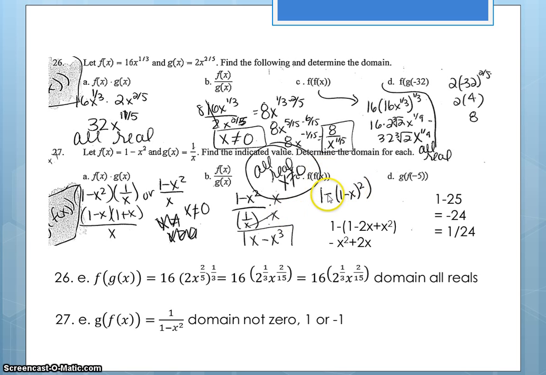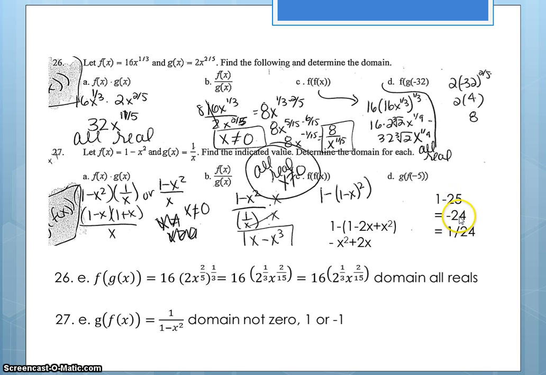C, here 1 minus this. I typed it in already. This squared gives you this. You're subtracting these two, they are 0, and then change every single sign. Distribute that negative all the way through, and you end up with this. And then when you put negative 5 into f first, you get 1 minus 25, which is negative 24.